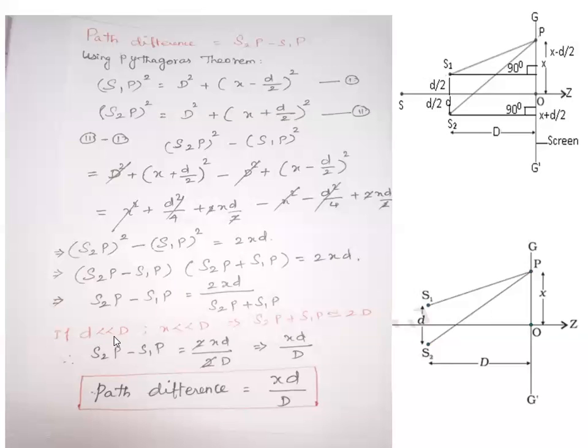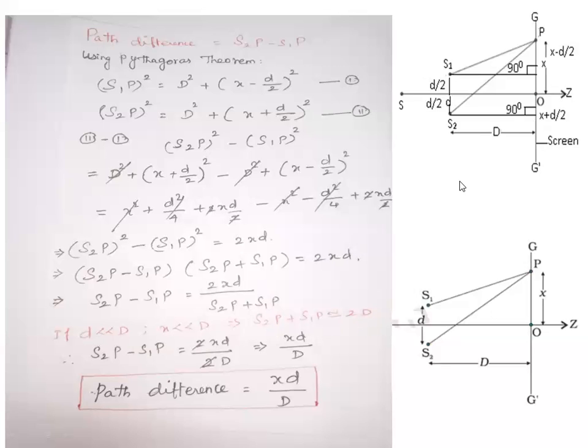So small d will be very much less than capital D, and x will also be very much less than capital D. This x is the position of the fringe which is created. That is also very, very less. Compared to capital D, you can neglect this value.